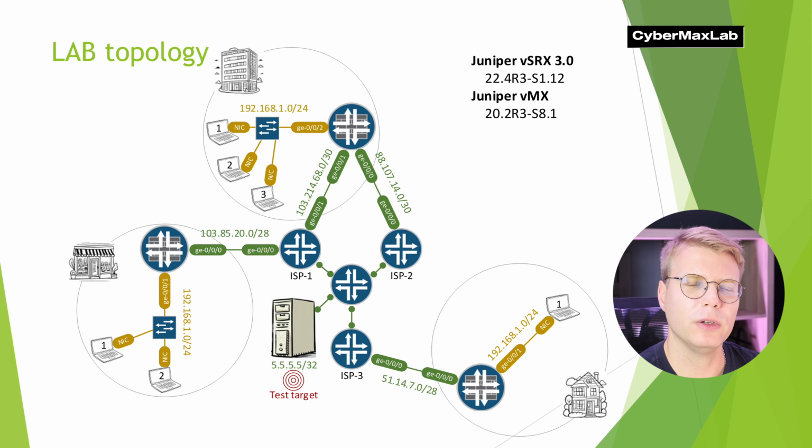This is the type of scenario we'll be looking at in this video. The products which I'm using in this topology are virtual SRX and virtual MX. These are Juniper firewall and router. The code versions are mentioned here. In the middle you can also see the test target server, which will be receiving our test traffic.